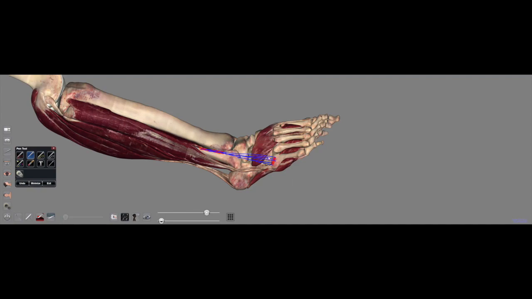Because of its orientation, this muscle acts as an accessory muscle for ankle dorsiflexion as well as eversion.